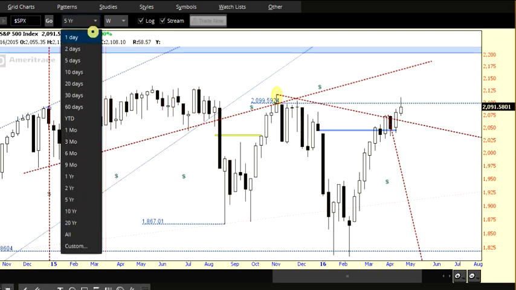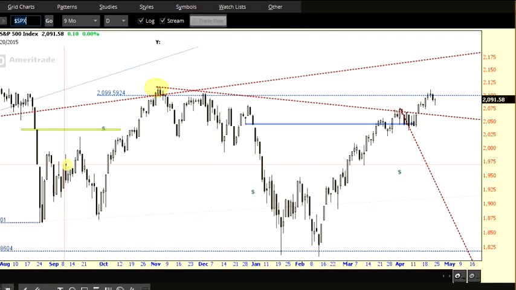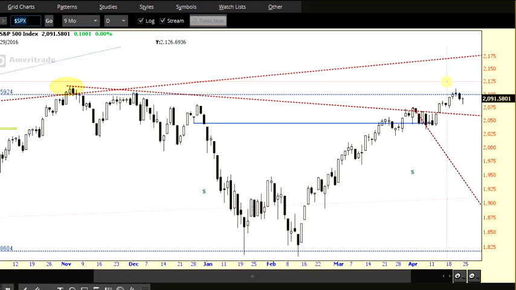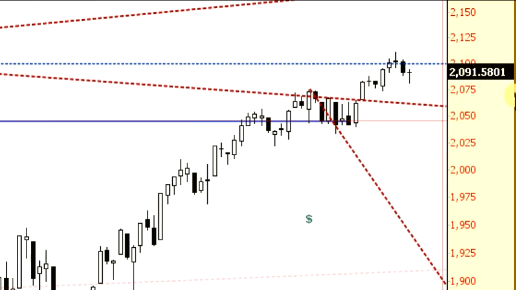Now, if we look at this on a shorter term basis, like a 9-month, you can see here's that area right here, let me zoom in on this a little bit. This is that area that had the long wick, and you can see the market ran up into that area and then made a couple of dojis here, and then it started to sell off.